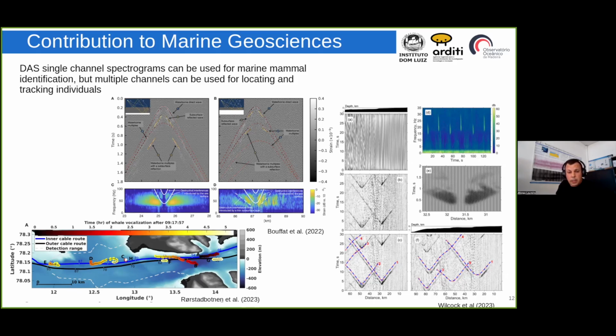In this case, not only were these whales tracked with the DAS cable, but there were also sightings from shore that matched these whales. So we have things that complement each other and can be verified.